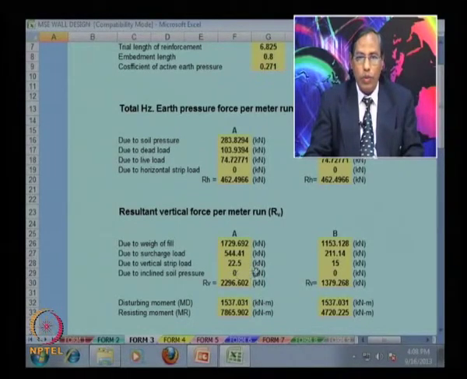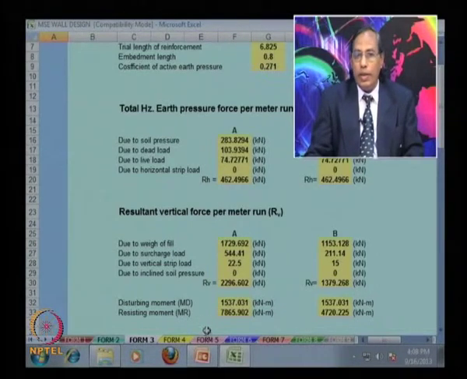So this will give 22.5 for A, and for B it will give 15. And due to the inclined soil pressure, this is 0 and this is 0. So resultant vertical pressure, you can have RV equal to 2296.602, and for B RV is 1379.268 kilonewton.